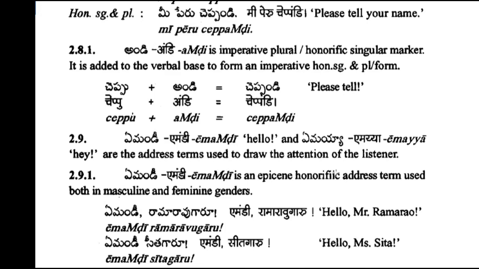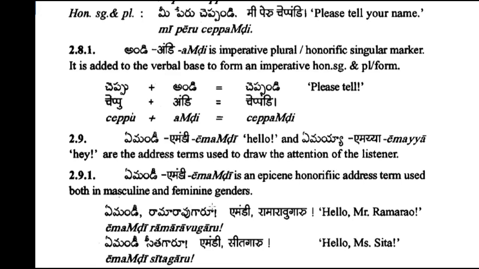If there is a female and you want to get her attention, Emamma, idi enta. For example, you went to a small shop. Emamma means calling her. Idi enta means ye kitna hai. Enta, kitna, how much, price.